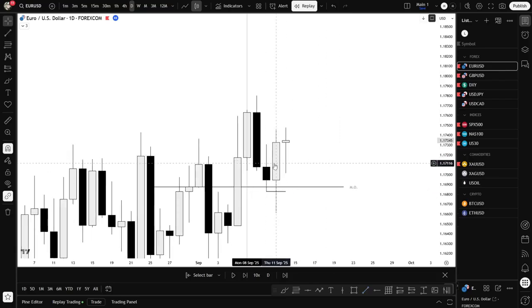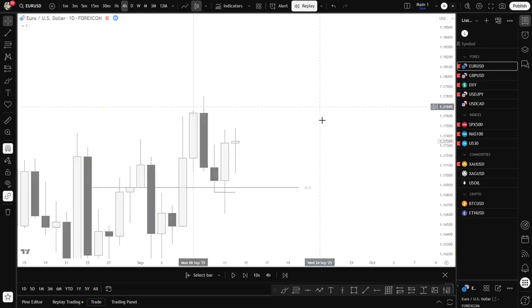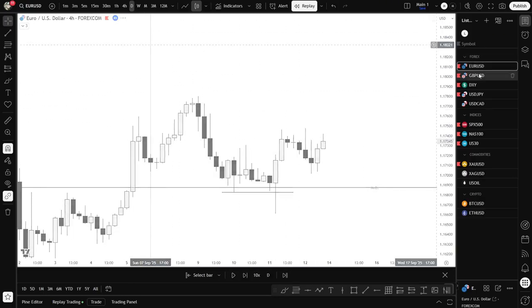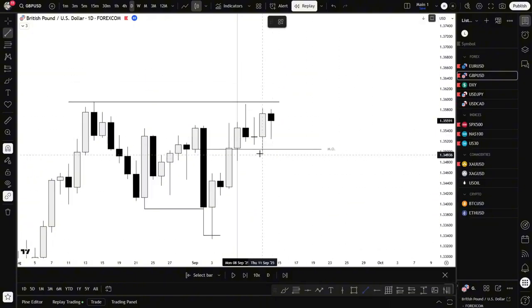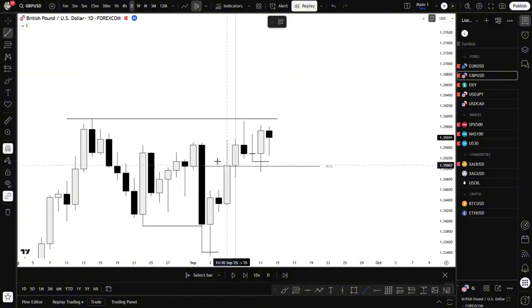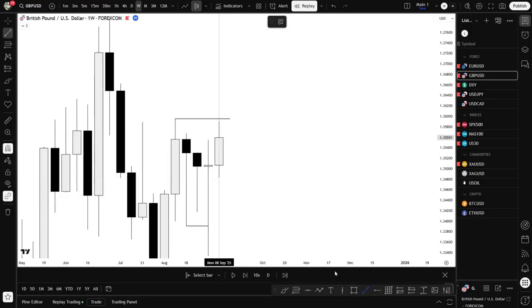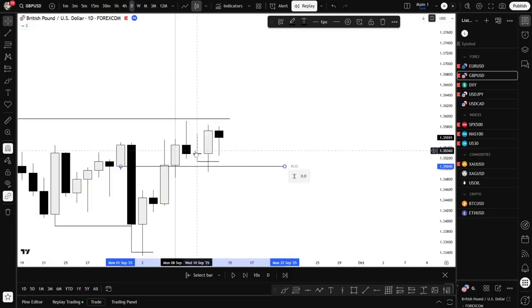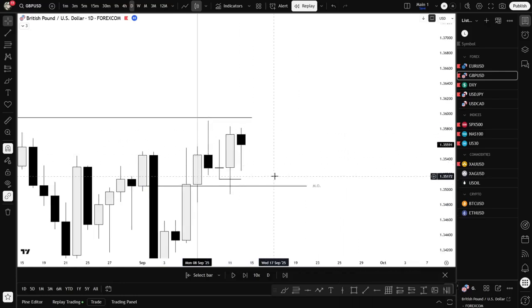So we have Wednesday and Thursday manipulation, so we expect what? An expansion, right? Now let's manage the GU, because we have GU manipulation. We have the opening price as a key level. So manipulation to key level, and then the market is aligned.